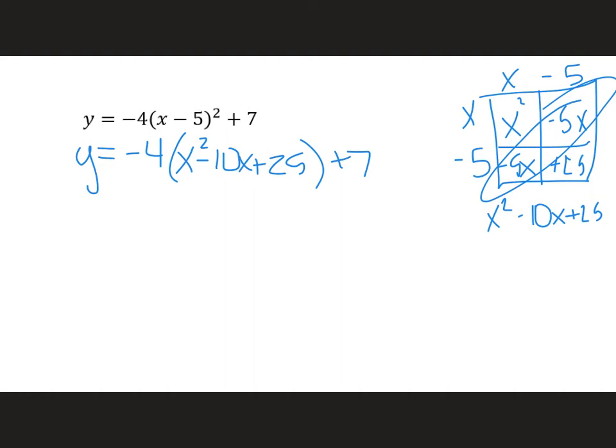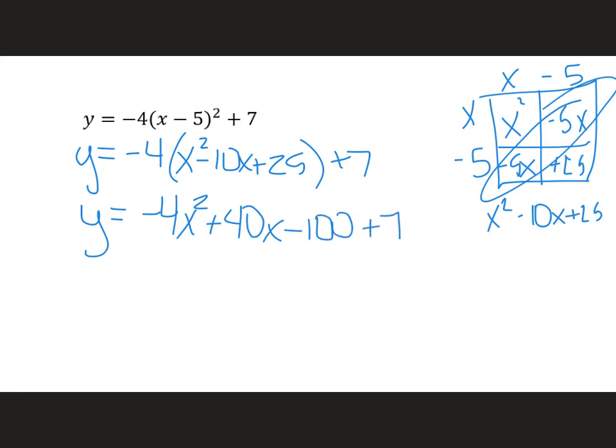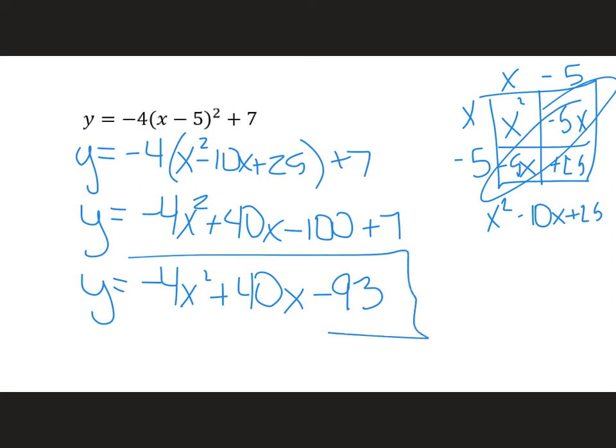Now we're going to distribute, so we have y equals negative 4x squared plus 40x minus 100 plus 7. And then we're going to combine those two constants. So y equals negative 4x squared plus 40x minus 93, because negative 100 plus 7 would be negative 93. And that's our standard form.